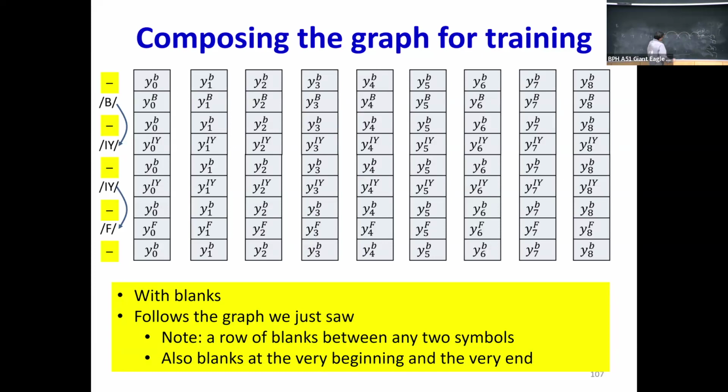But then I could also have a blank, right? And any path through this graph is going to represent B phi. Everybody with me?